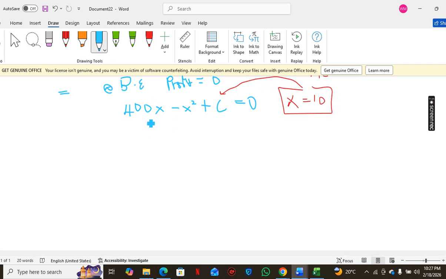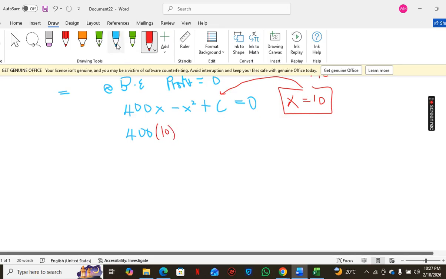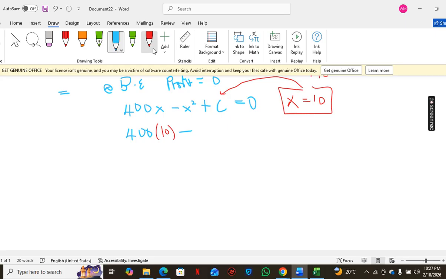We're going to have 400, substitute x with 10, minus x squared plus c equals 0.